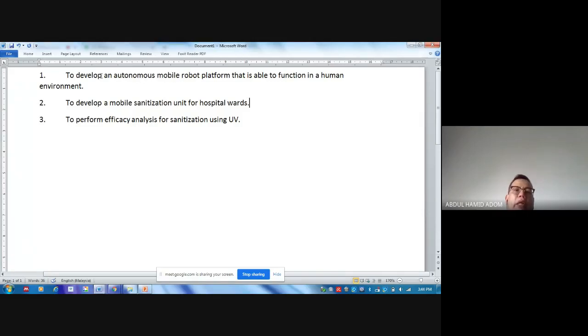For example, to develop a mobile robot platform, it can be developed in so many ways. Either you can buy a ready-made platform and add additional sensors on it, or you can make your own. But the goal is to develop an autonomous mobile platform that's able to function in a human environment. Understand?